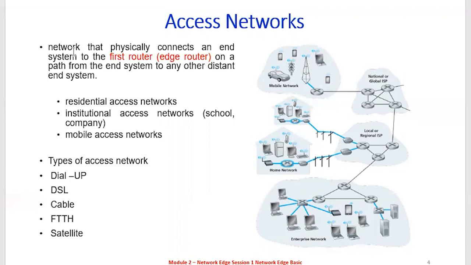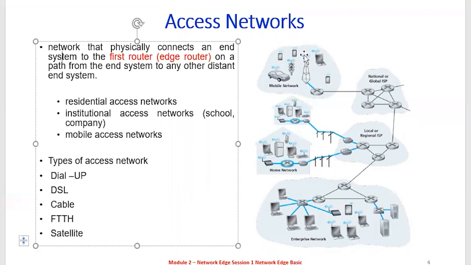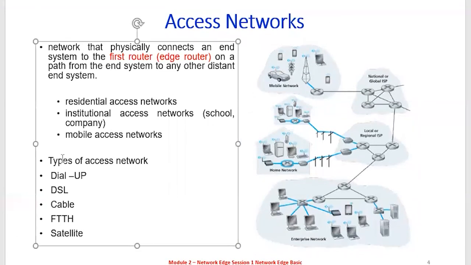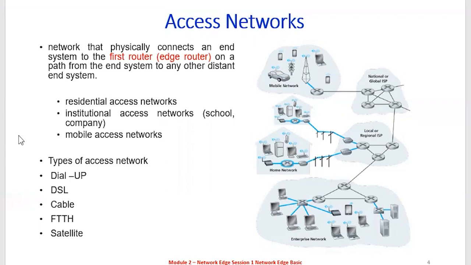So I'm repeating: the network that physically connects an end system to the first router, also known as the edge router, on a path from the end system to any other distant end system. This access network can be of three categories: residential access network, institutional access network, and mobile access network.